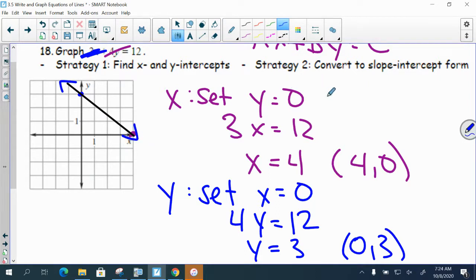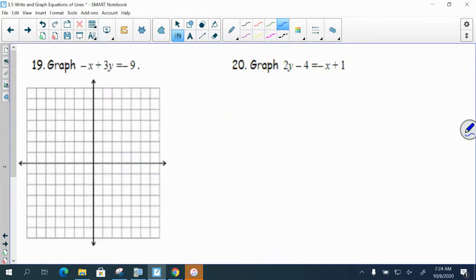Strategy 2 is to convert it to slope-intercept form. Let's do that for the next example. For number 19, we have negative x plus 3y equals negative 9. Let's try that with strategy 2. To convert this to slope-intercept form, you have to solve for y. The first thing you would do is move the x over. So add x to both sides.